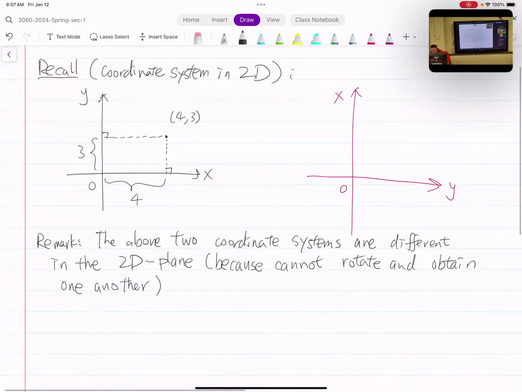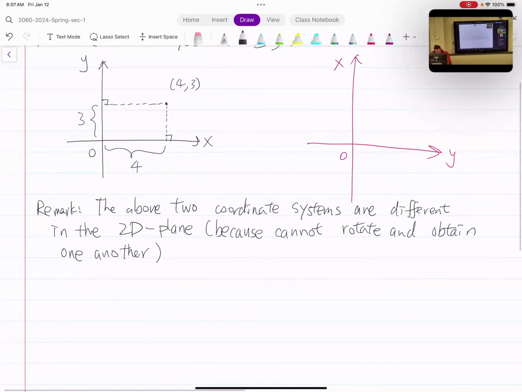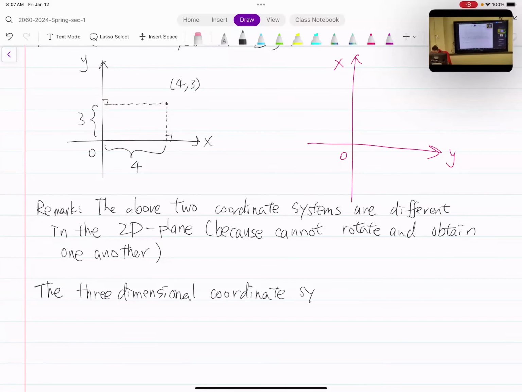That this is just 2D. Right? So now what happens in 3D? The three-dimensional coordinate system is going to have 3 axes.